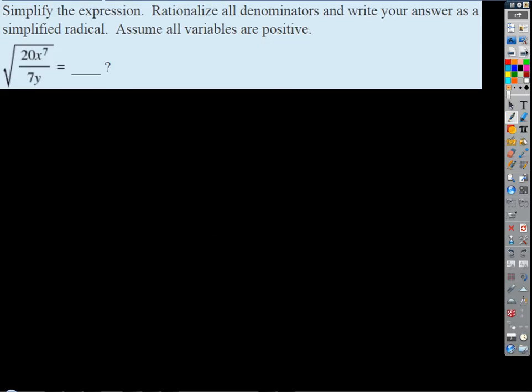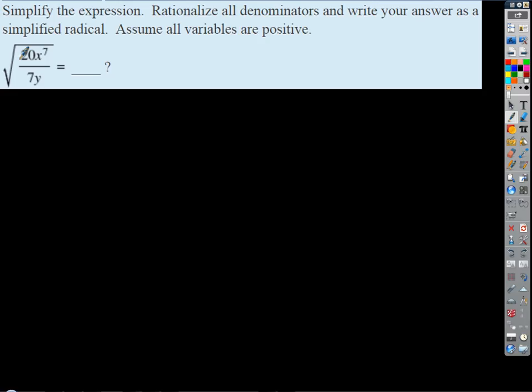What about something like this? Okay, same kind of thing, right? This really is almost no harder. What do we do when we're trying to simplify a radical when it's a square root of a fraction? Well, the first thing we want to do is look inside, look at the fraction and see if you can reduce it. And do that first. That makes it way easier, but unfortunately we can't do that here, right?